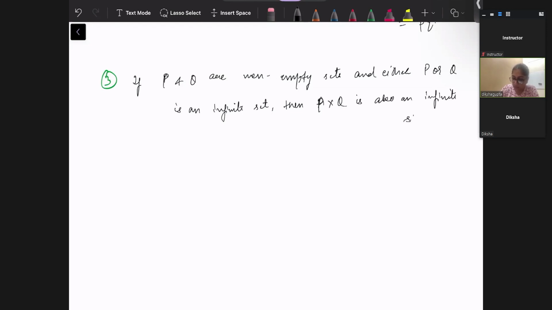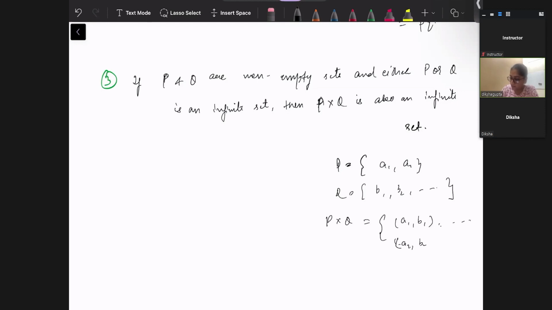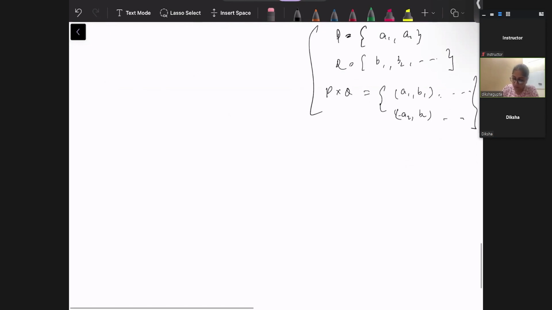Of course, because if P has elements a1, a2 and Q goes b1, b2 and so on up to infinity, then when you start writing the pairs of P and Q, you can have infinitely many elements paired with a1 and infinitely many elements paired with a2, right? The P cross Q will, of course, be infinite.